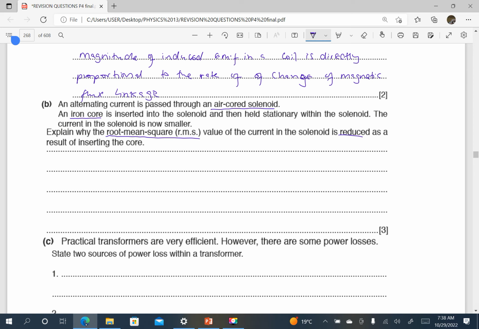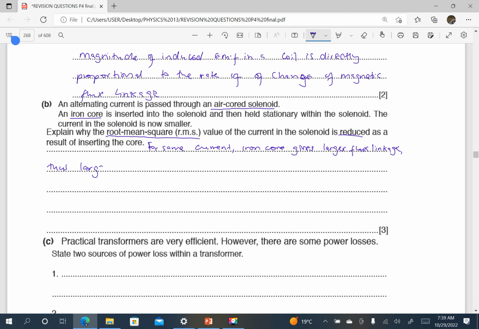Therefore, we are saying that for the same current, the iron core gives a larger flux linkage. In other words, it increases the magnetic flux and gives a larger flux linkage.